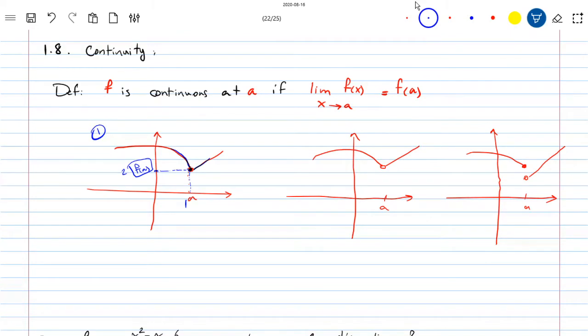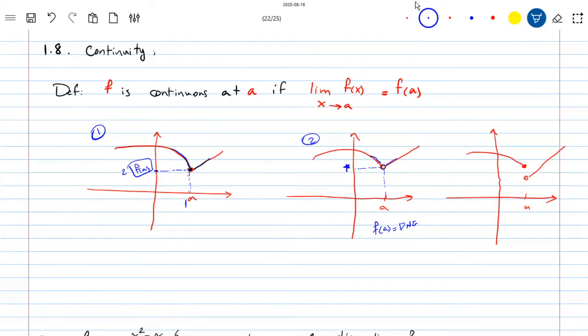If you look at the second graph, this is not a continuous function, because at the point a, the limits approach this number, let's say star, but f of a does not exist. Since the circle is an open circle, at that point there is no corresponding y value. But the limit still exists and approaches that star value.